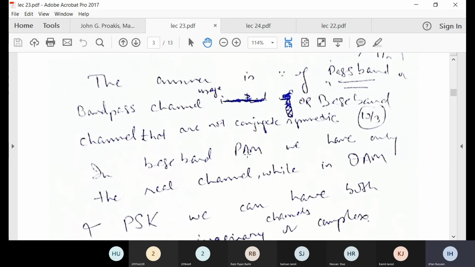Then your channel coefficients C become complex, hence H, which is the convolution of G with C, will also become complex, and hence your matched filter will be complex. The matched filter is actually H conjugate, and in that case its conjugation will be in effect.